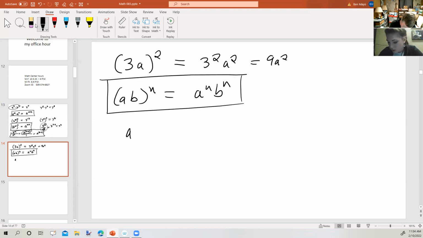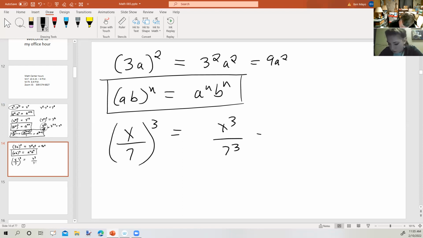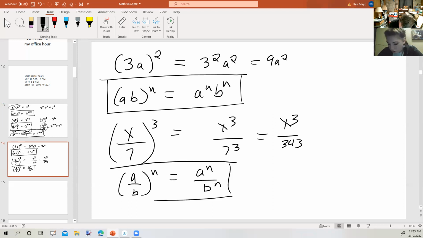If we have a quotient, like x over 7 raised to a power, we attach the exponent to both the numerator and the denominator. 7 cubed is 343. So in general, a over b to the n equals a to the n over b to the n power.